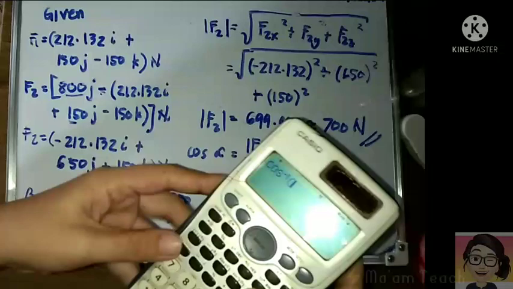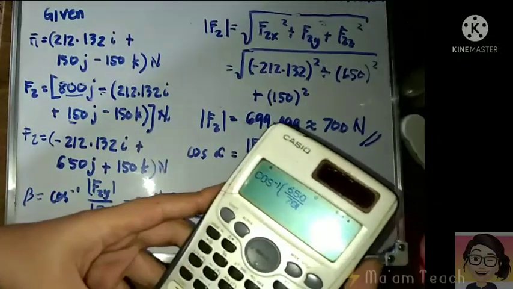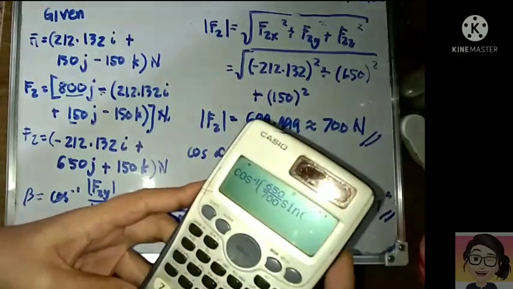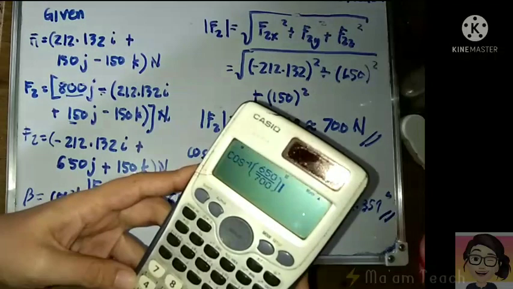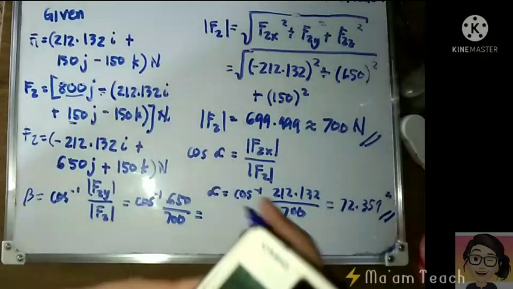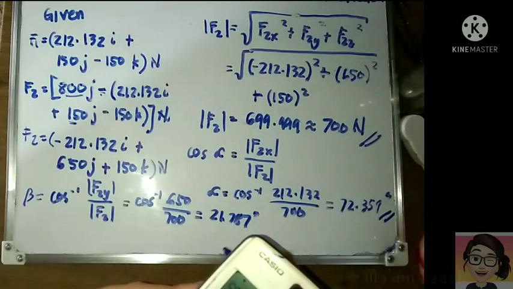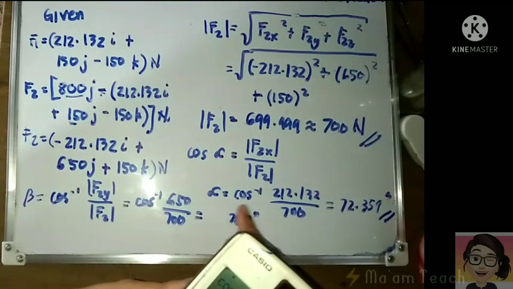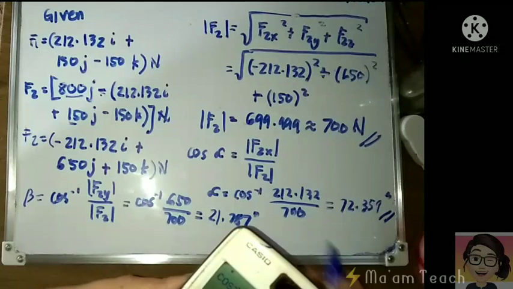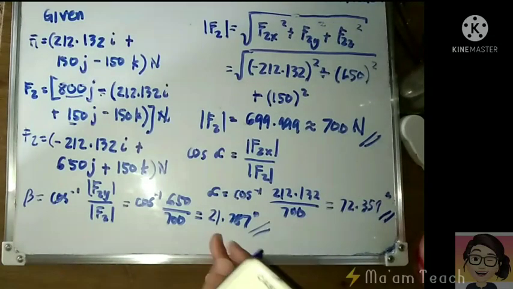So arc cosine 650 over 700. There. We have 21.787 degrees. Answer already for the beta.